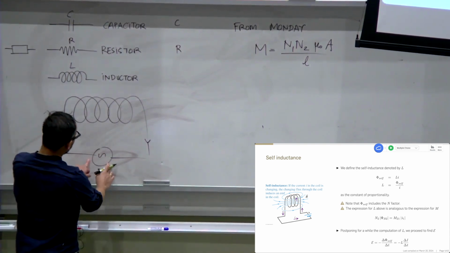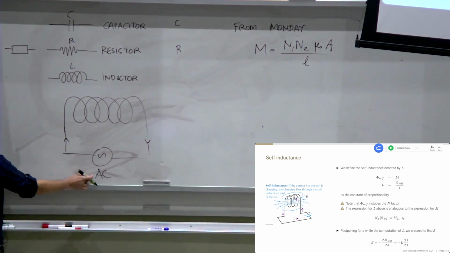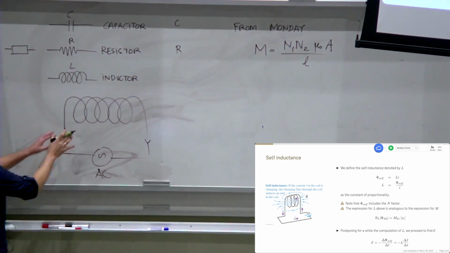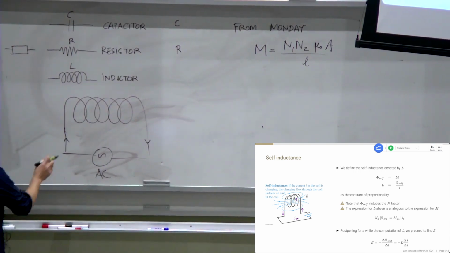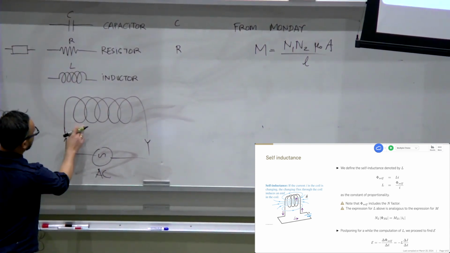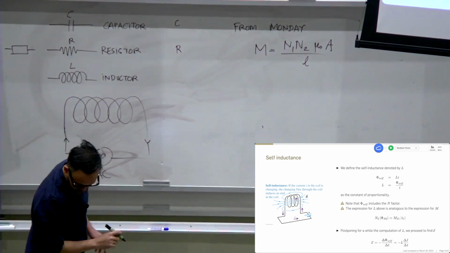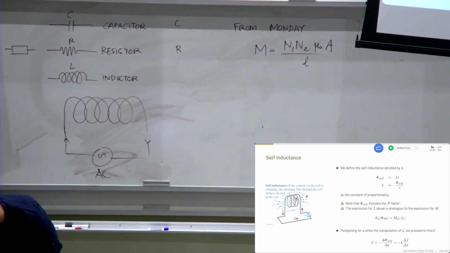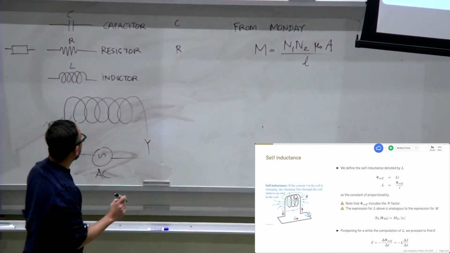Basically, because the input alternates between positive and negative, that's literally what AC current is, the flux that it produces also fluctuates. And because this inductor itself is a coil, it affects itself. So the primary coil is also the secondary coil here.